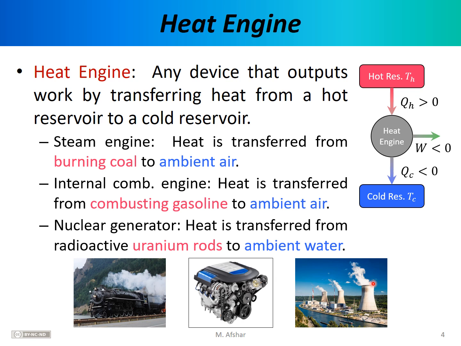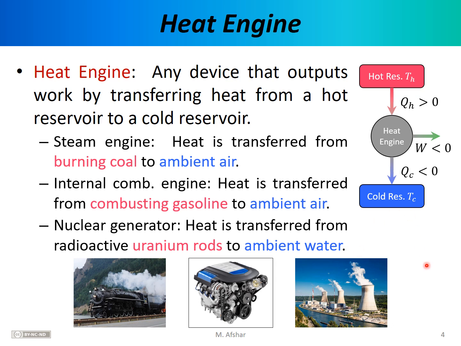The water turns to steam, so the working substance in a nuclear power plant is once again steam. That steam is then used to move something, specifically an electric generator. And then the exhaust is released back into ambient water, which is the water in a river or an ocean that is nearby. Since nuclear power plants use ambient water as the cold reservoir, they must always be constructed near a large body of water, like a lake or an ocean or a river.